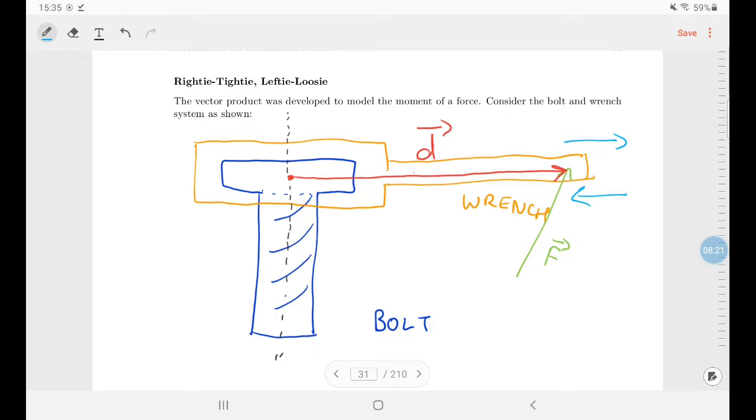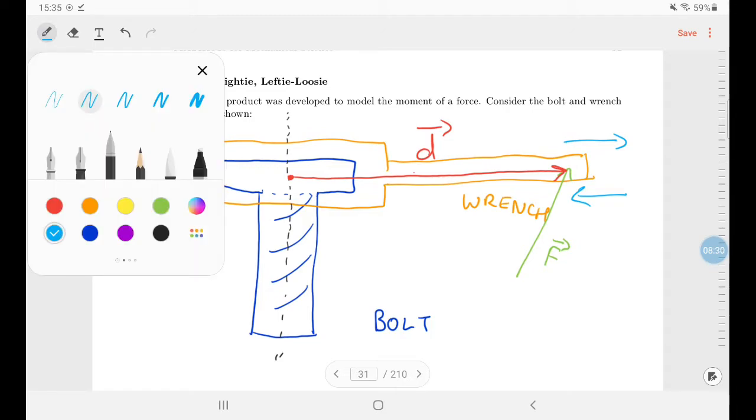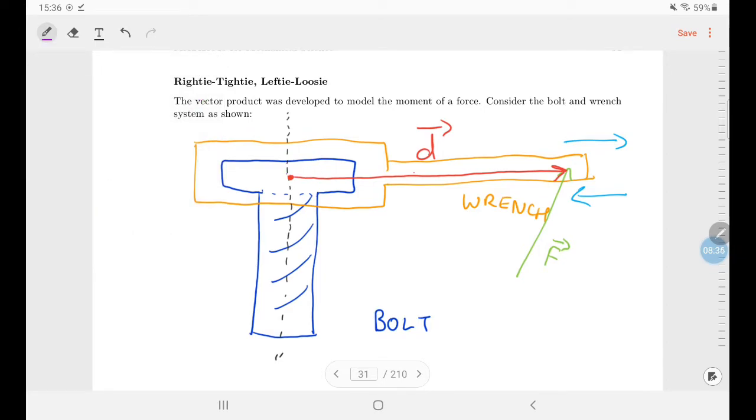And because we're saying that the vector product of these is a vector, it has to have a direction. The direction is the moment.